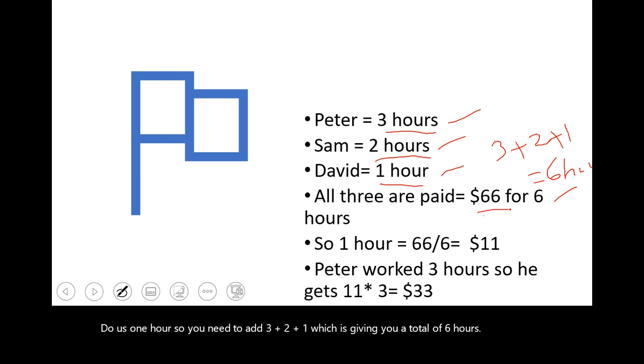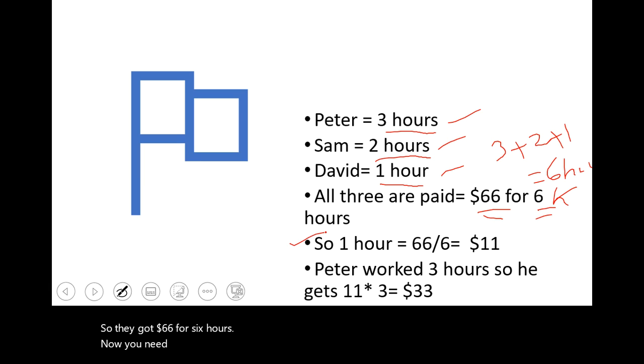So they got $66 for 6 hours. Now you need to find for 1 hour how much they got. So 66 divided by 6 gives you $11. So 1 hour they got $11.